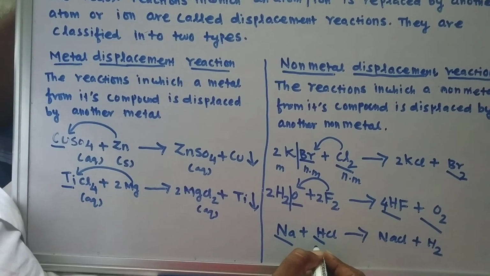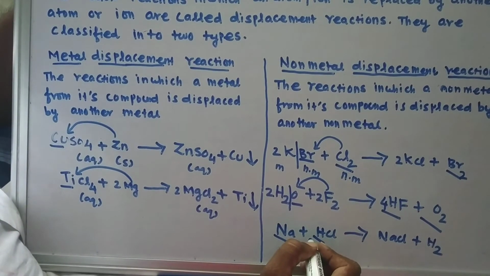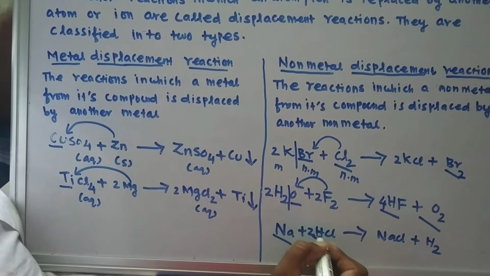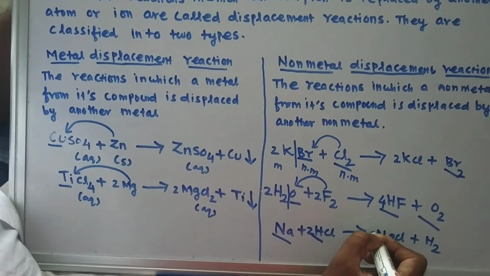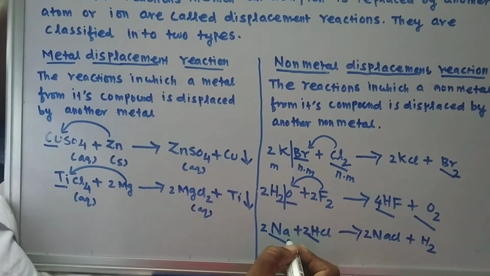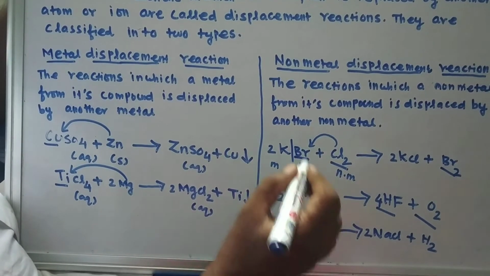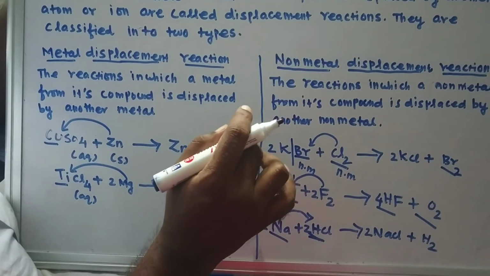So this is also considered a non-metal displacement reaction. To balance this reaction, there is a 2 and also a 2 and a 2. Here hydrogen is replaced by the metal, so it is also considered a non-metal displacement reaction.